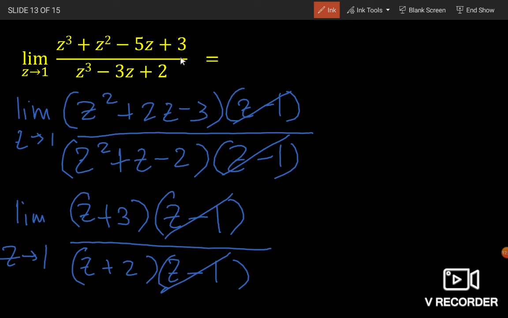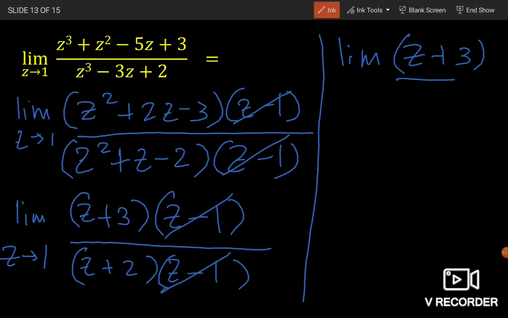Imagine, from here, we now arrive all the way here. So let's rewrite the simplified expression: limit of z plus 3 over z plus 2 as z approaches 1.